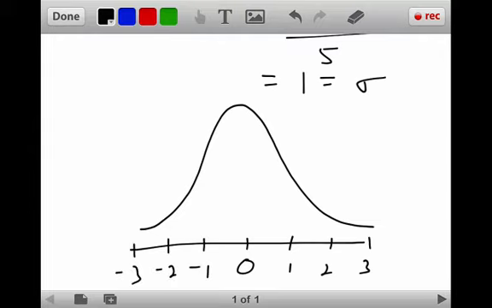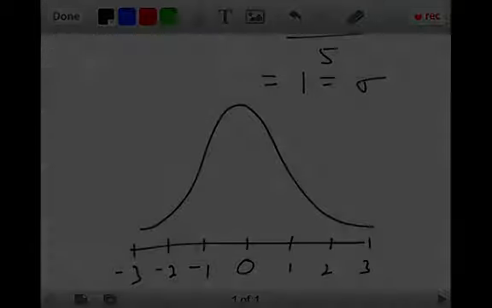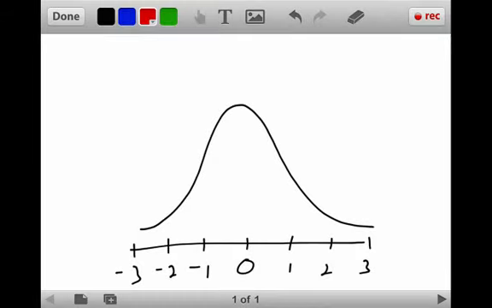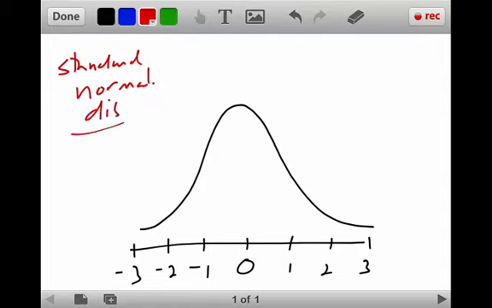And there you go, that's our standard normal distribution. Why? Because we have a mean of 0 and a standard deviation of 1.